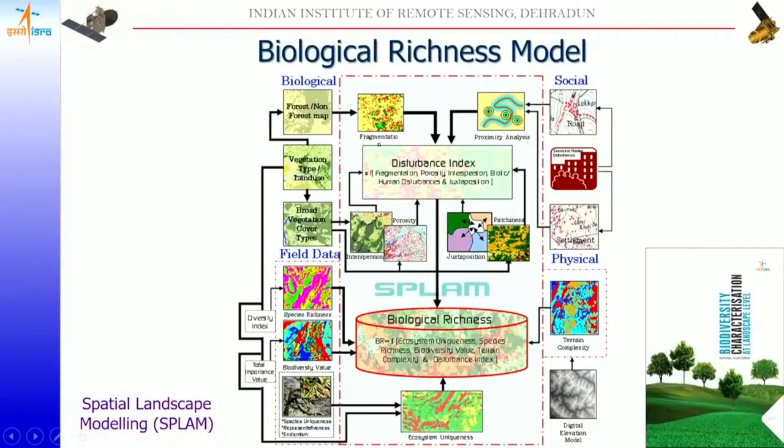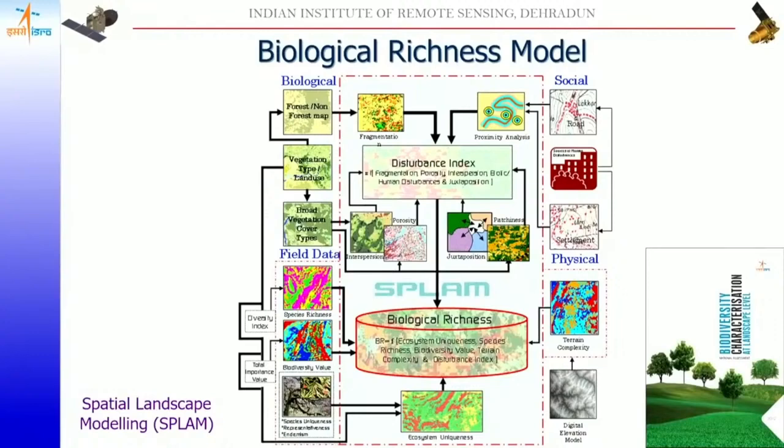Also, if you add the social aspect, the human disturbances and human patterns in the landscape, and based on all these parameters, the broad vegetation types, the cover and the fragmentation analysis, the disturbance index was derived, which is basically based on fragmentation, porosity, interspersion, and the human dispersion, the disturbance on that landscape.